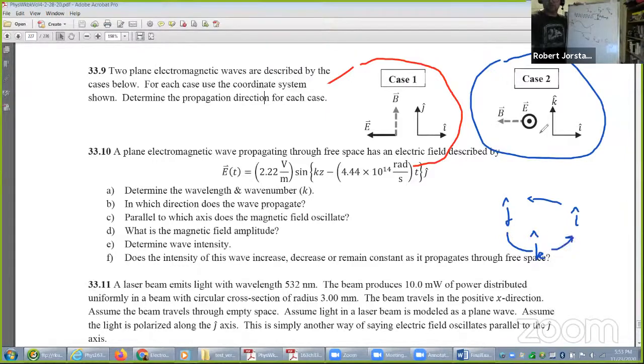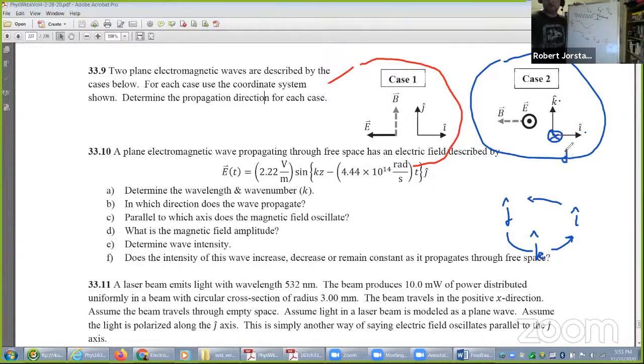So in this case, i goes to k, goes to what? Negative j. So that means negative j is out of the page, so positive j is into the page. Did I do that right, everybody?